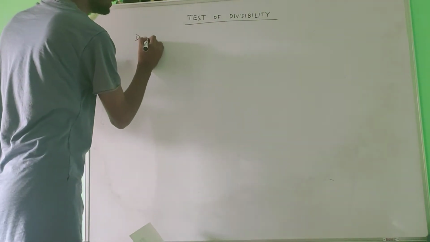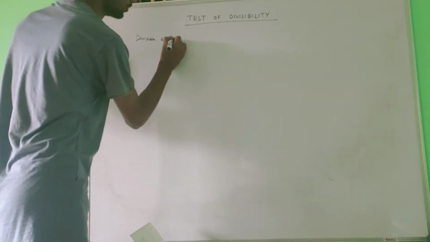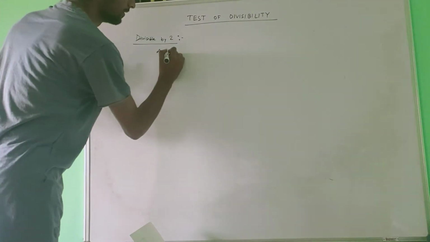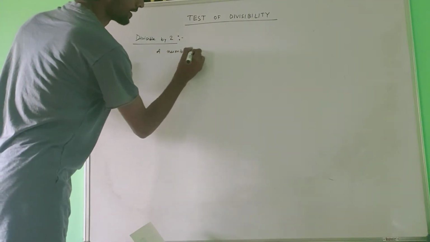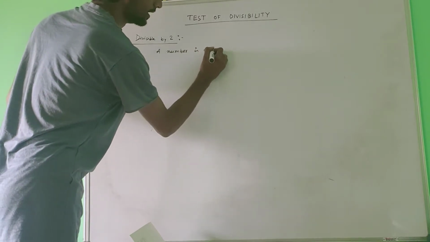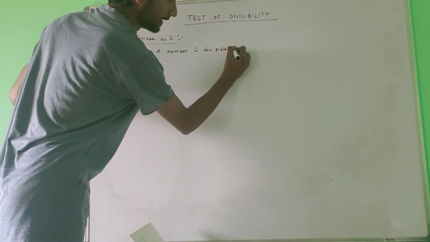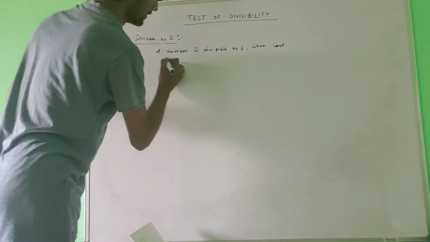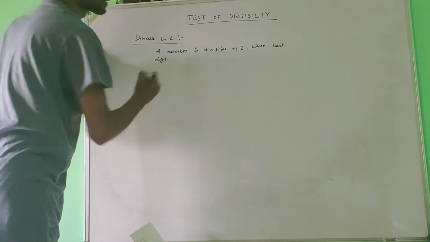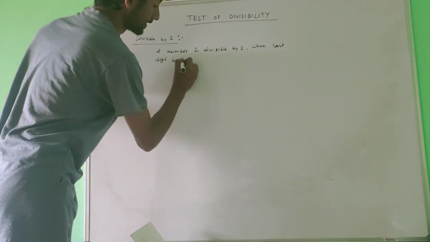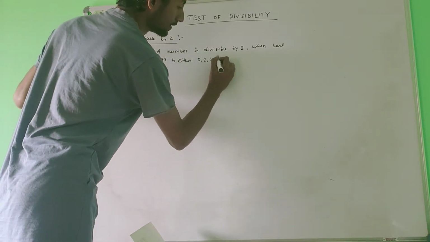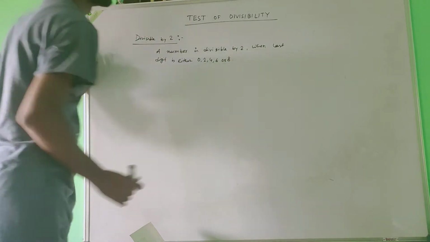First, divisibility by 2. A number is divisible by 2 when its last digit is either 0, 2, 4, 6 or 8.